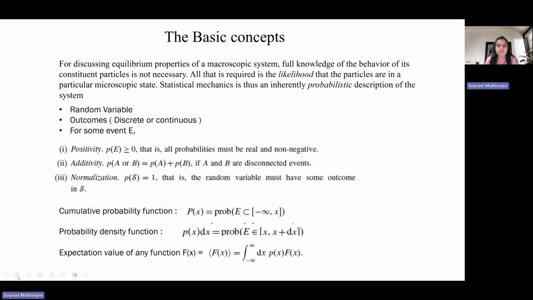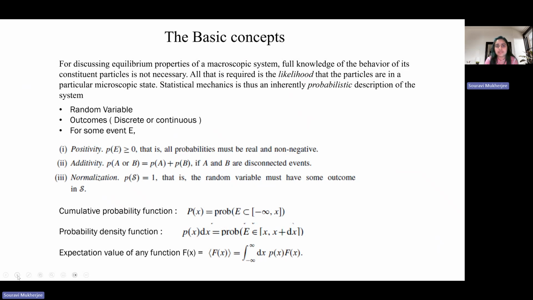As we discussed in the last class, looking at the individual position and momentum of all the individual particles in a system does not make sense, or is not very useful, because what matters is some observable, and we want to link it to that. And there, what matters is the inherent probabilistic description.